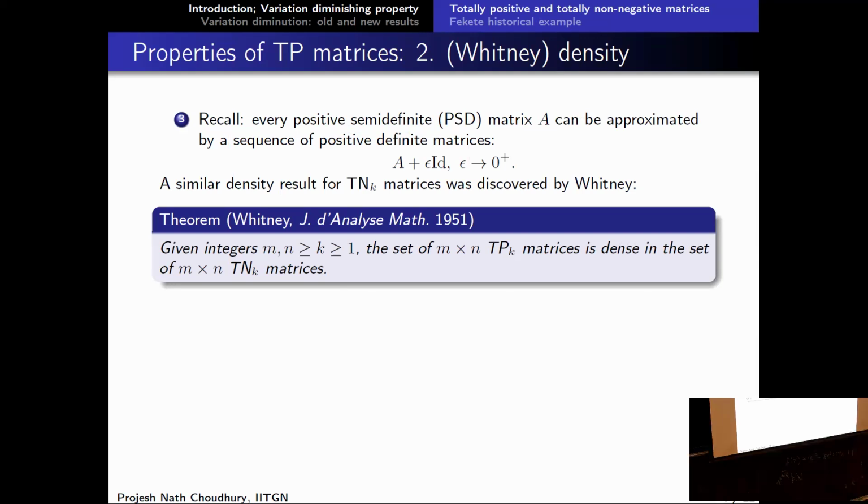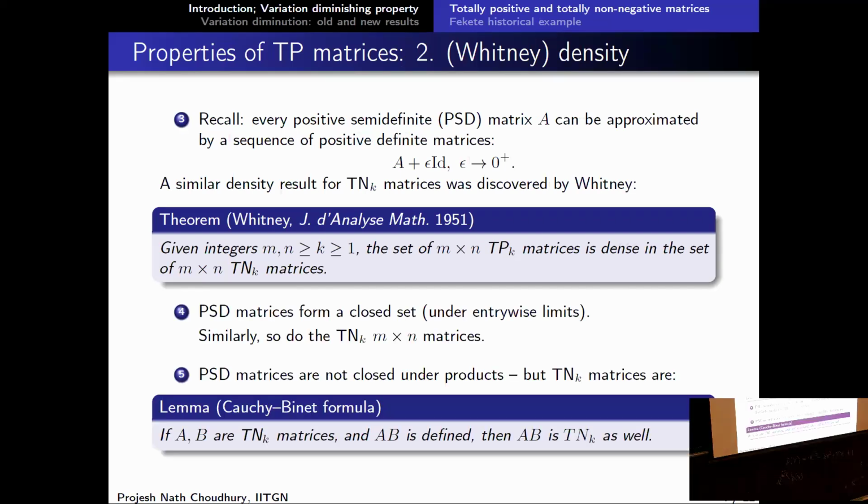In this statement, if you start with a symmetric totally non-negative matrix of order k, it can also be approximated by symmetric totally positive matrices of order k. Next, the set of positive semi-definite matrices is closed under entry-wise limits, and similar results also hold for totally non-negative matrices.